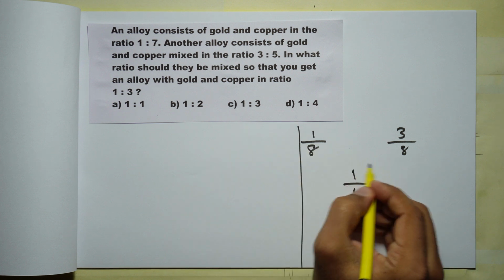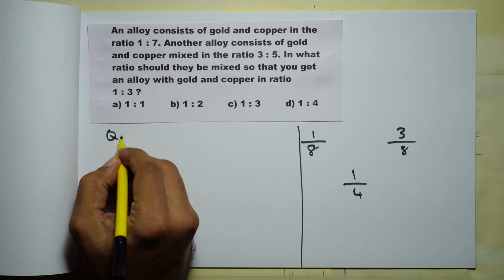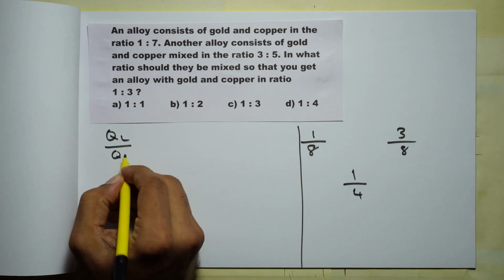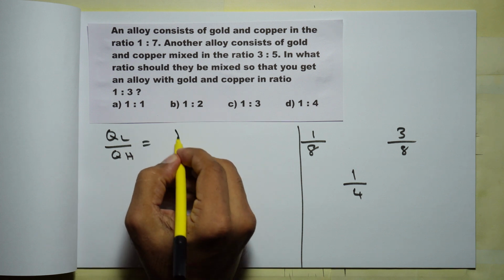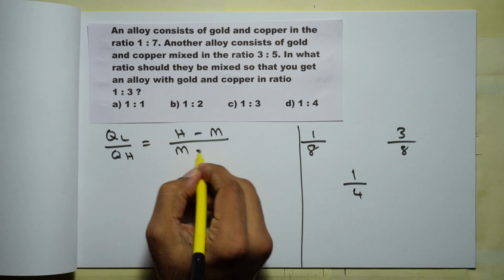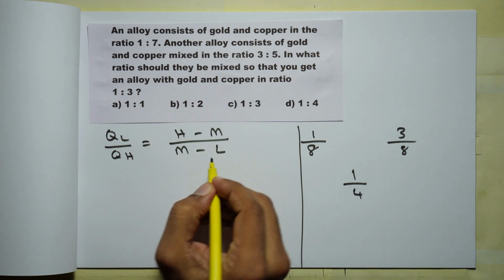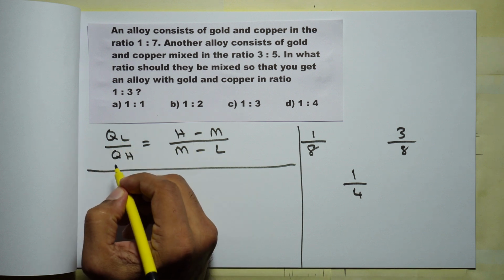We'll substitute into the mixtures and allegations formula. The ratio of the quantity having lower concentration to the quantity having higher concentration is given as higher concentration minus mean concentration divided by mean concentration minus lower concentration. We'll substitute into the formula and we'll get the required ratio.